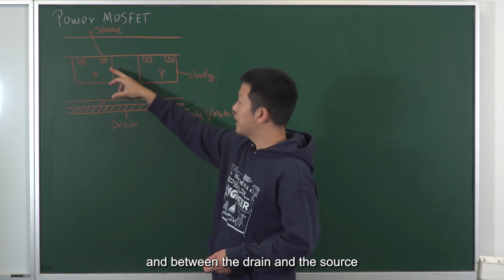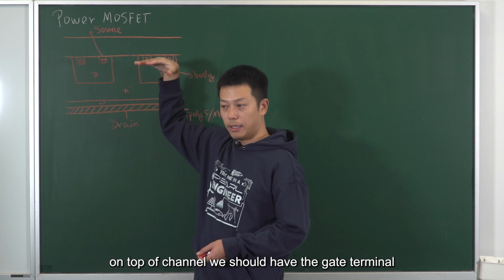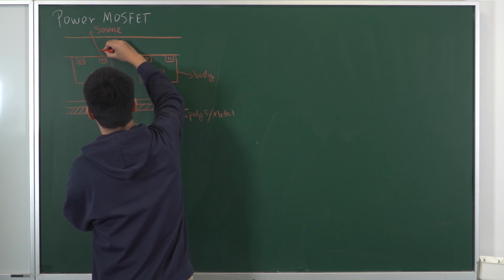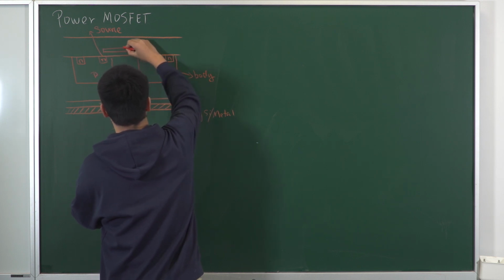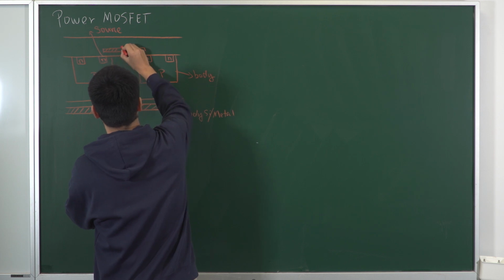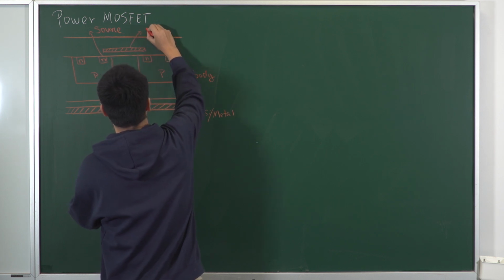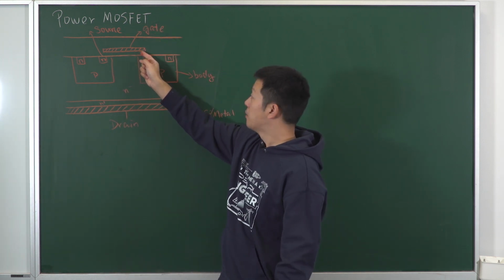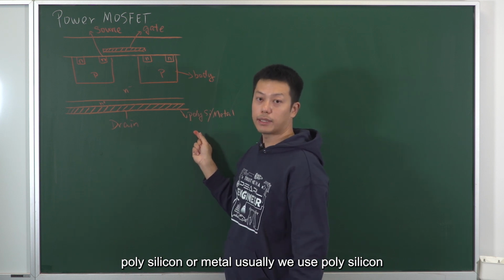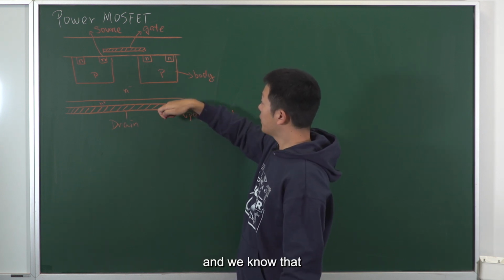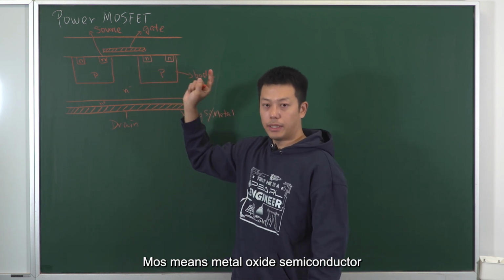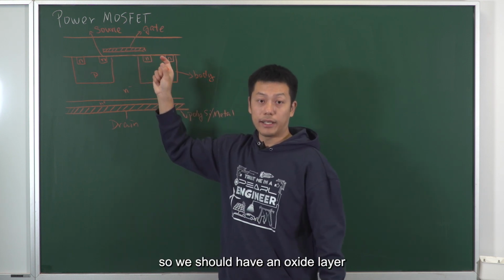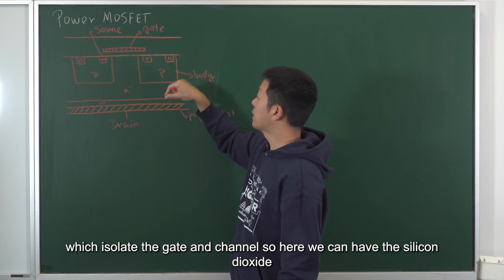And between the drain and the source, we should have the channel, right? On top of the channel, we should have the gate terminal, which is also constructed by polysilicon or metal. Usually we use polysilicon. And we know that MOS means metal oxide semiconductor. So we should have an oxide layer, right, which isolates the gate and the channel.